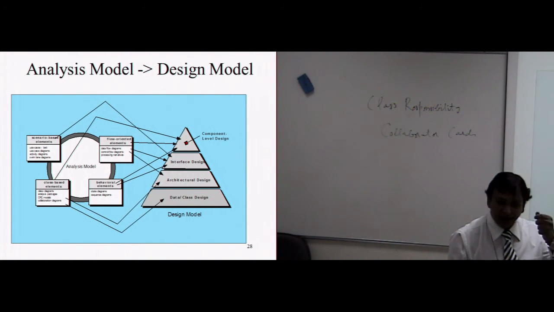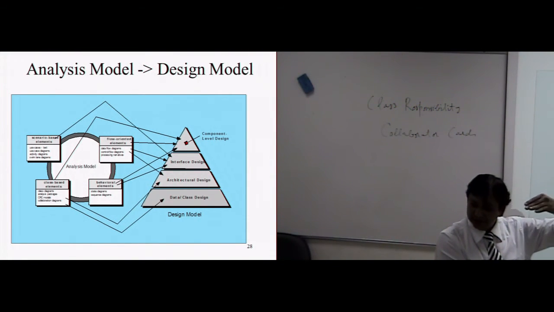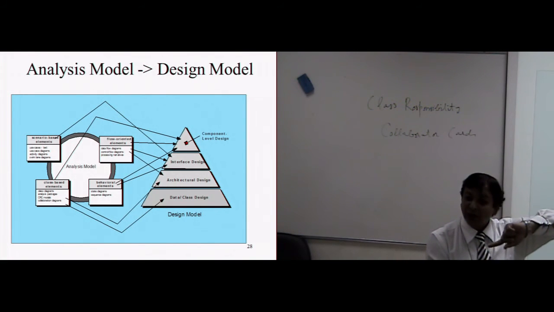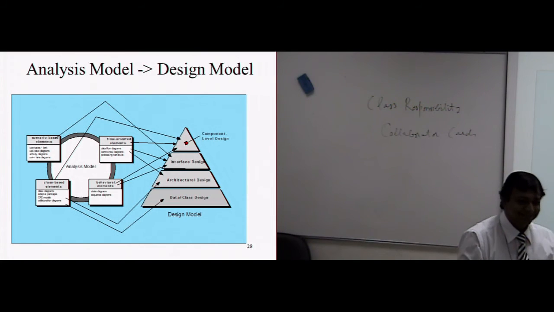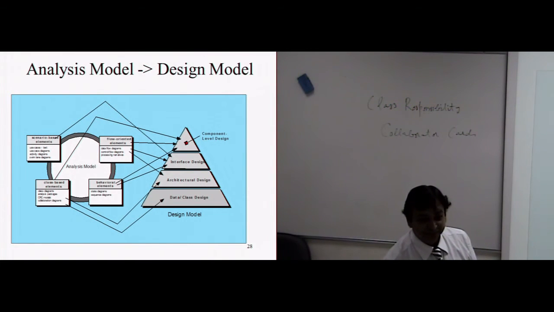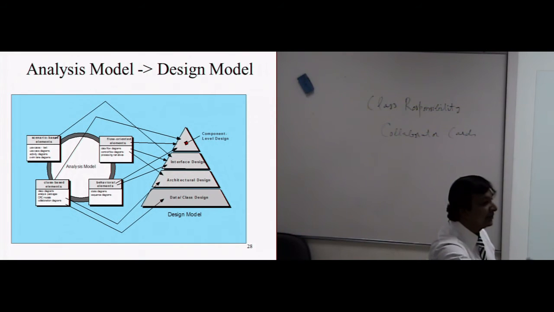So you have a class and its responsibility on a card, which mentions the main functions of this class and the collaborator classes, the classes which are collaborating with this class. The CRC card is used for modeling, to identify and finalize the class, functions, methods, and the collaborator or associated classes.